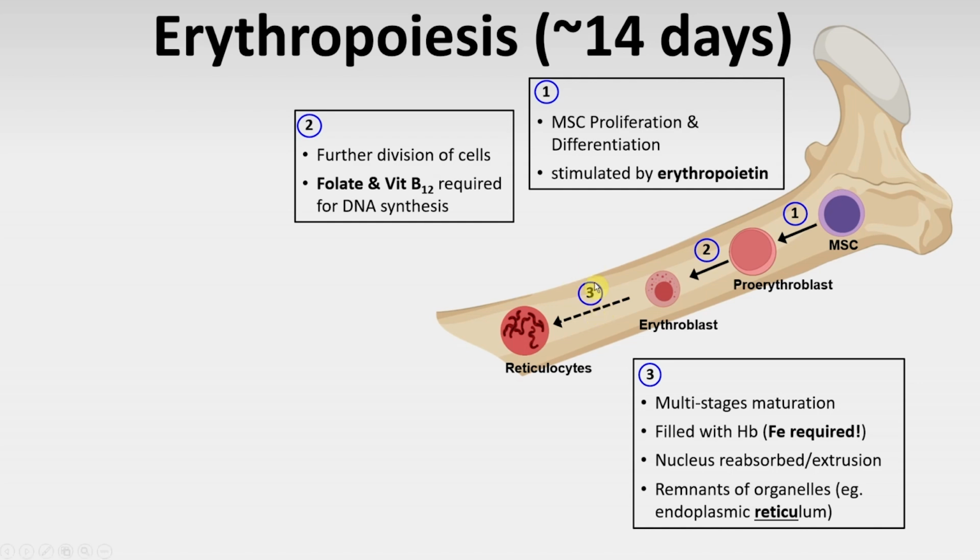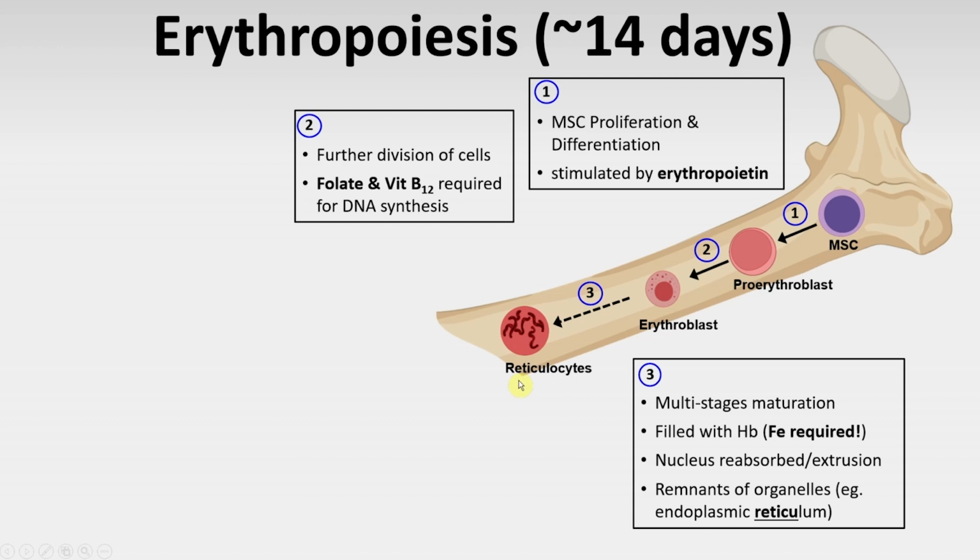What results from this process are reticulocytes that have remnants of organelles, for example, endoplasmic reticulum, which also explains why your premature RBC is called reticulocyte. When you look under the microscope, you actually see remnants of the reticulum. These black lines here are the remnants of your endoplasmic reticulum, which gives rise to the name reticulocytes. So reticulocytes are important.